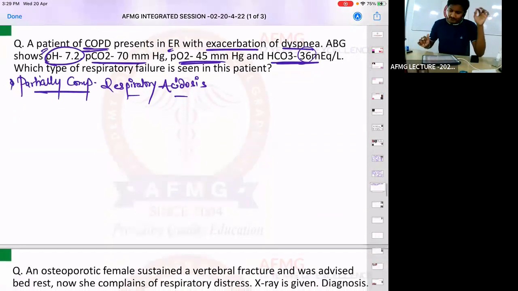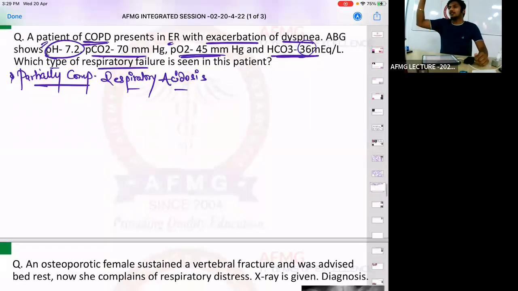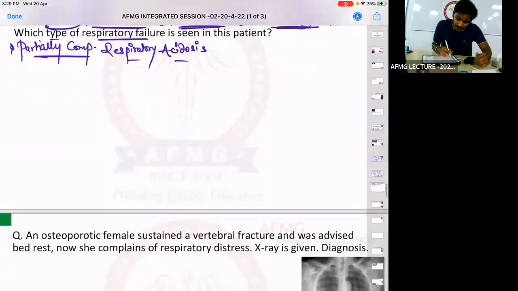So please remember, guys, here I am talking about a COPD patient. They are asking about the type of respiratory failure. So if I talk about the 4 types of respiratory failure quickly: type 4 respiratory failure is seen in cases of shock.